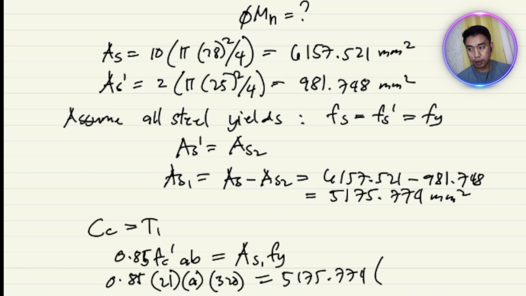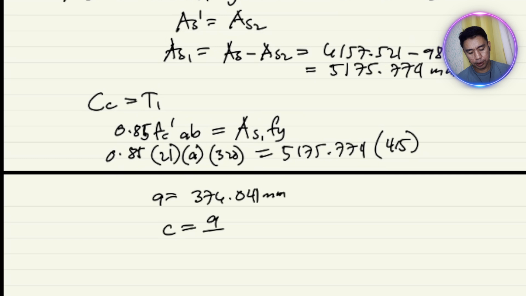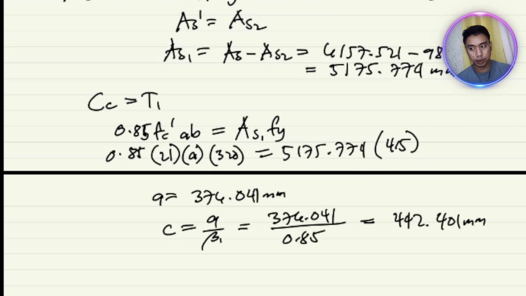Sorry, Fy is 415. Then we can solve a. Our a here is 376.041 mm. Then from a, solve natin yung c, which is a over beta 1, which is 376.041 over beta 1 of 0.85. Then we have 442.401 mm.